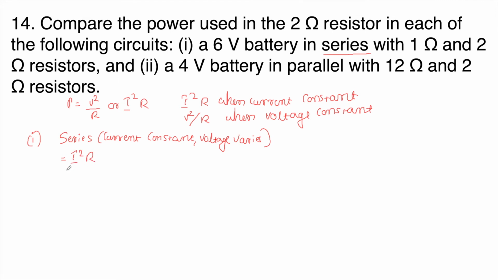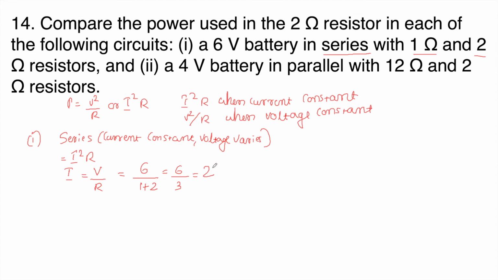But I is not given here. So first we will find out the I using the formula V by R. What is the V here? 6. And what is the R here? We should find, it is in series, right? So we should find the equivalent resistance here. That is R1 plus R2. That means 1 plus 2. 6 by 3. It is 2.